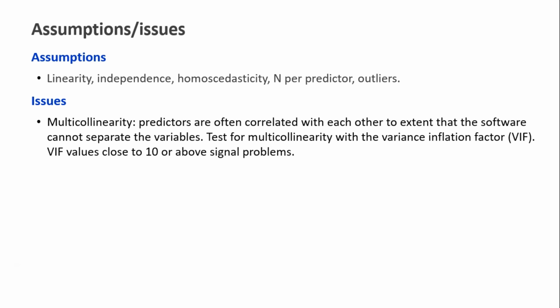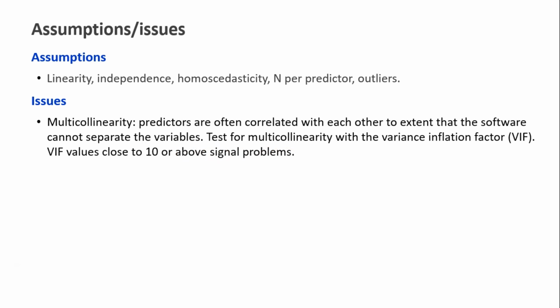So you would want to test for that multicollinearity, and there are various ways to do that. One test for multicollinearity is an index called the variance inflation factor, the VIF, and you can get that with the output very easily. All you have to do is just look at it. And if the VIF values are close to 10 or above, that would probably signal a multicollinearity problem.